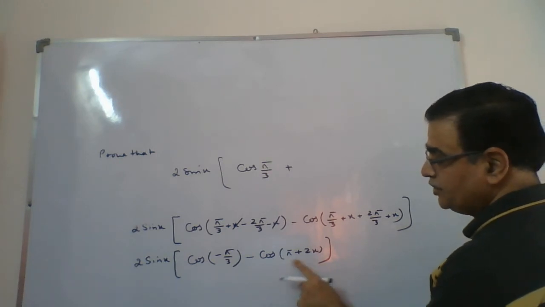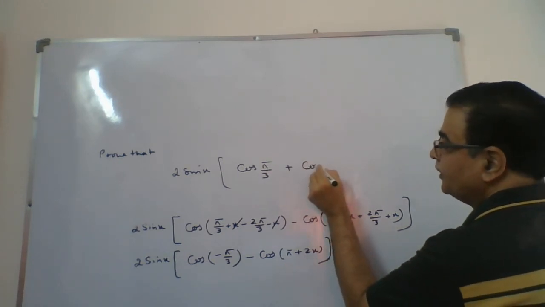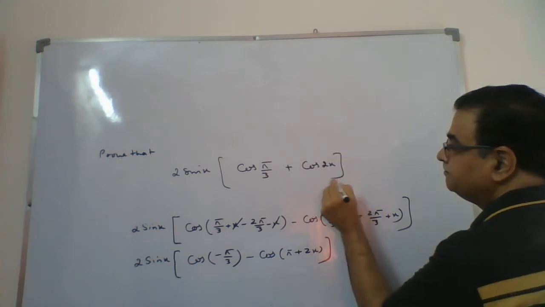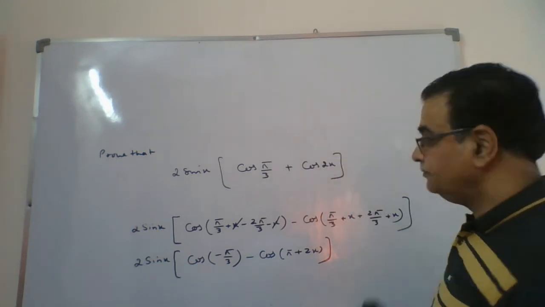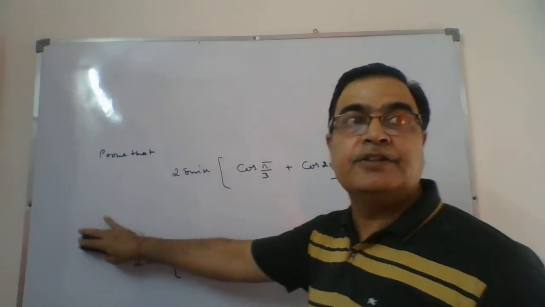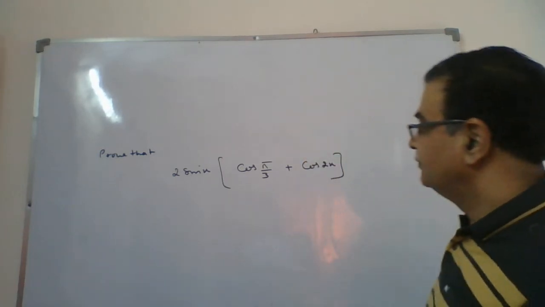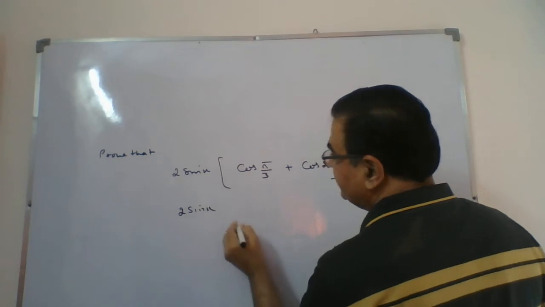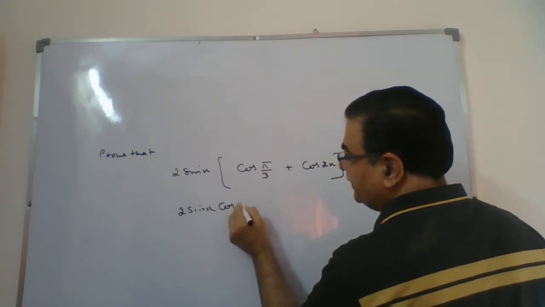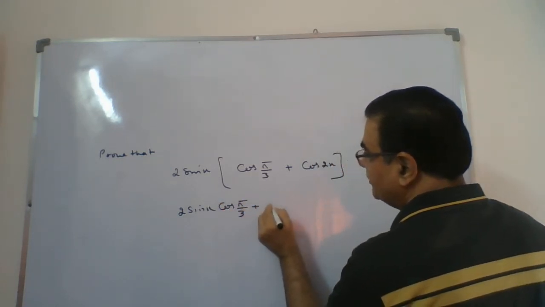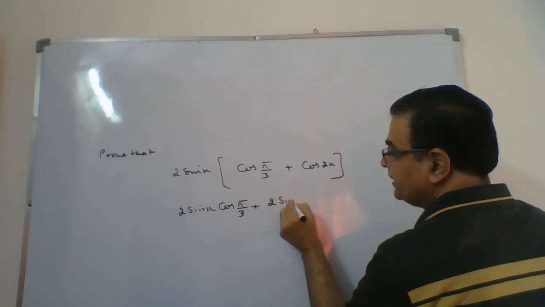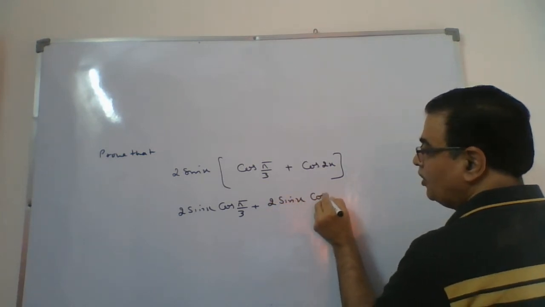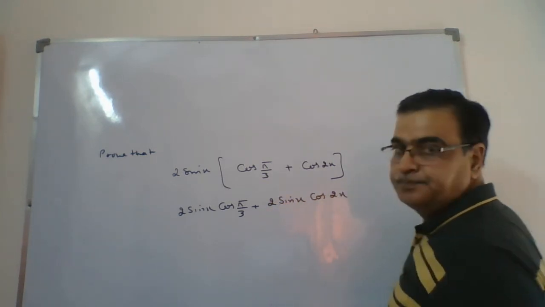And 180° + 2x, so it comes out to be cos 2x. After getting this result, now we will write this as 2 sin x cos π/3 plus 2 sin x cos 2x.